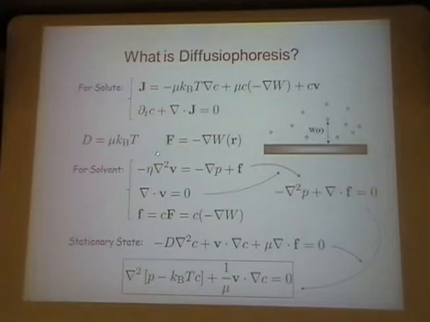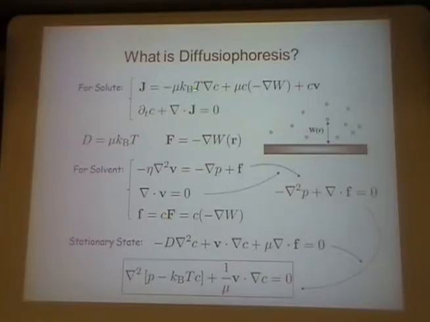So capital F, which is the force on a single solute, if I multiply it by C, I will get the volume density of the force acting in the fluid. And then I multiply that by the mobility, I get the second contribution to my flux, and then there could be an advection term, although you could ignore that if that makes things complicated.